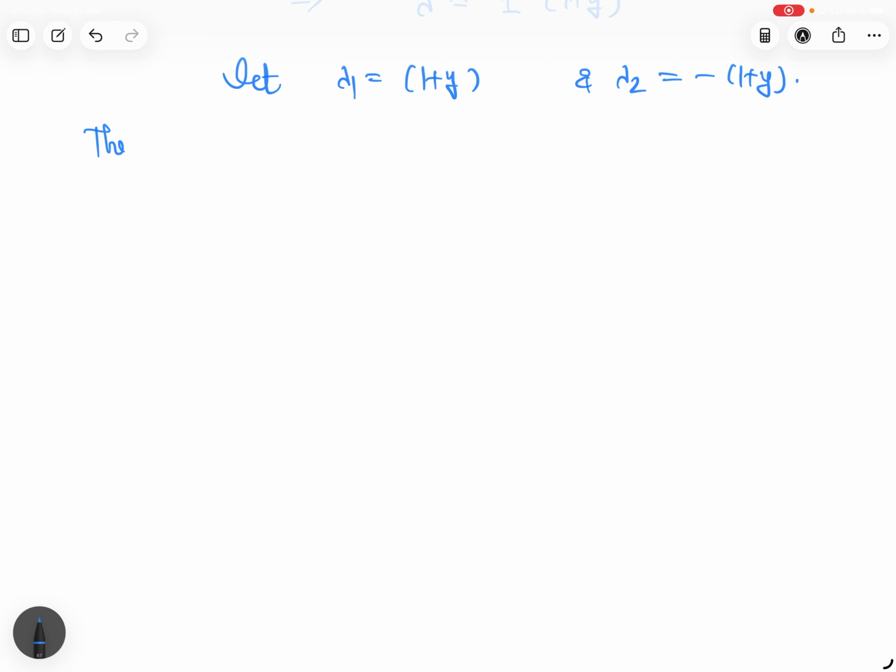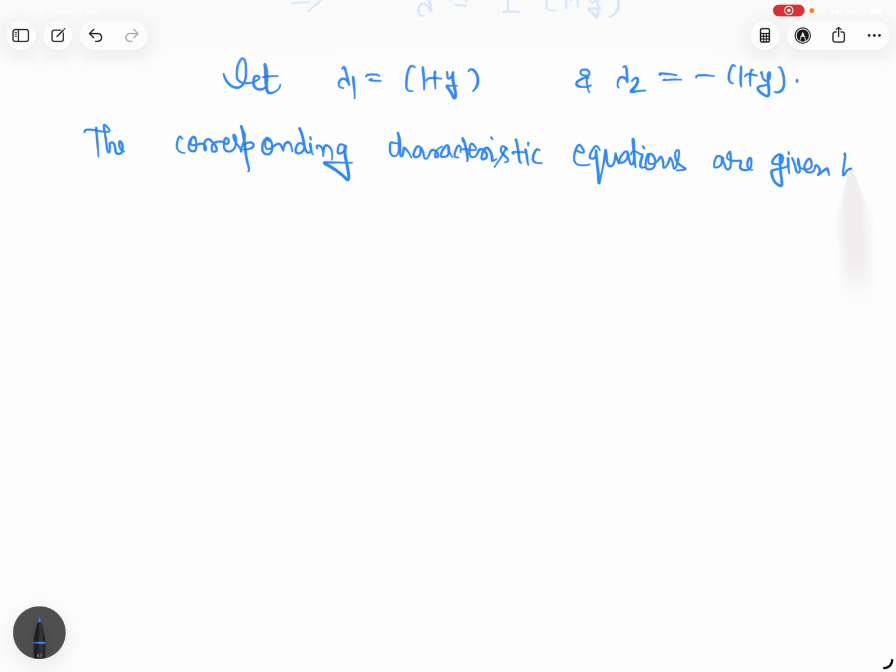The corresponding characteristic equations are given by this way.